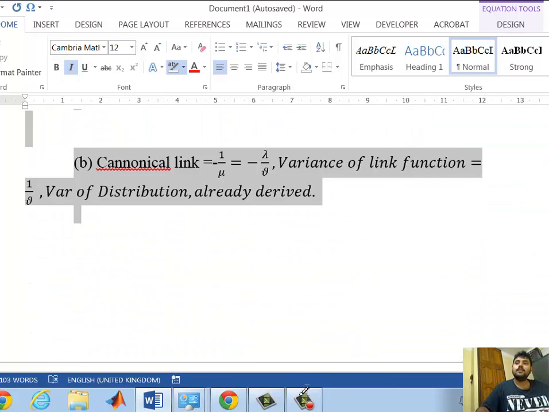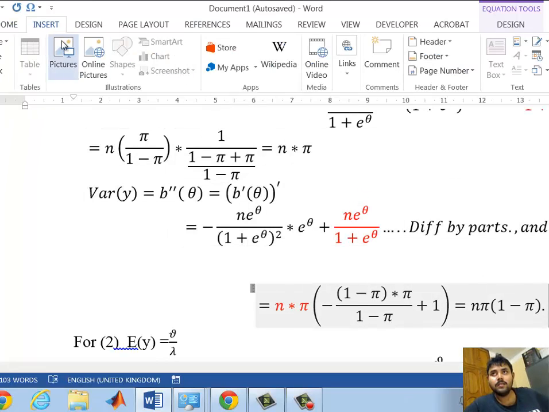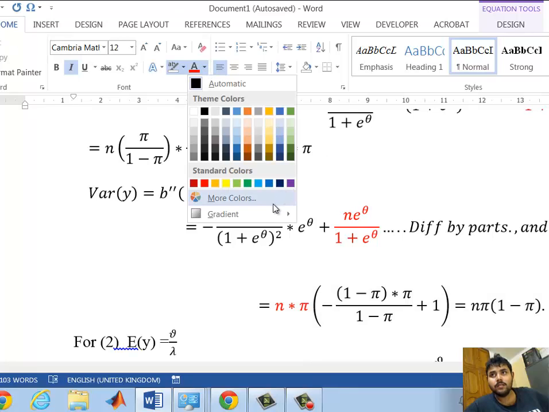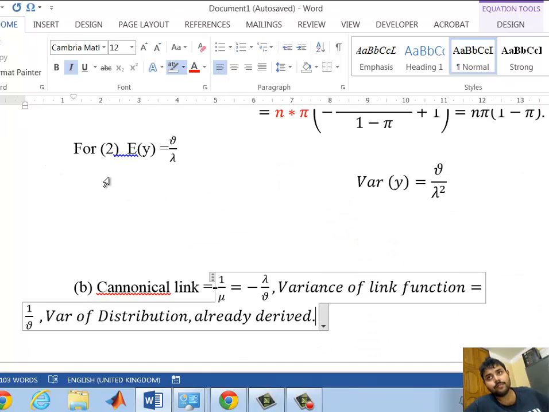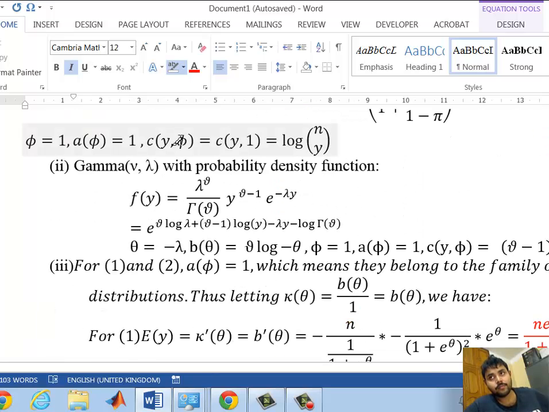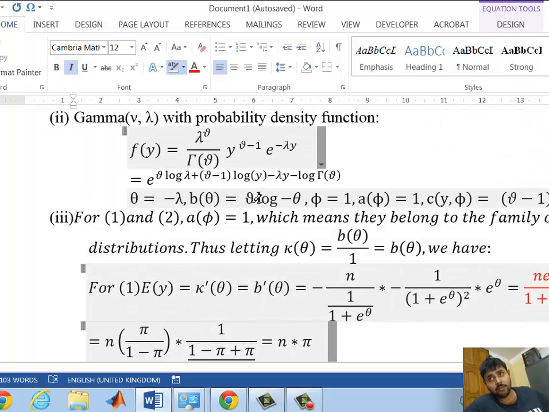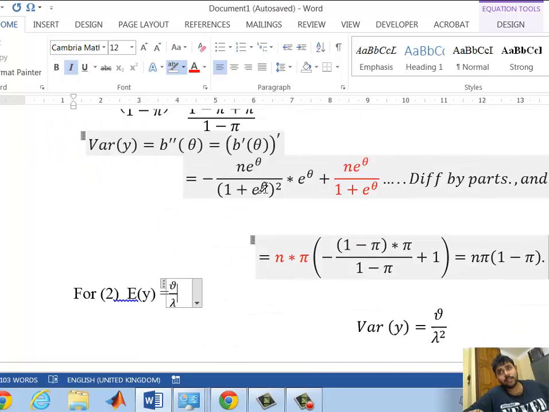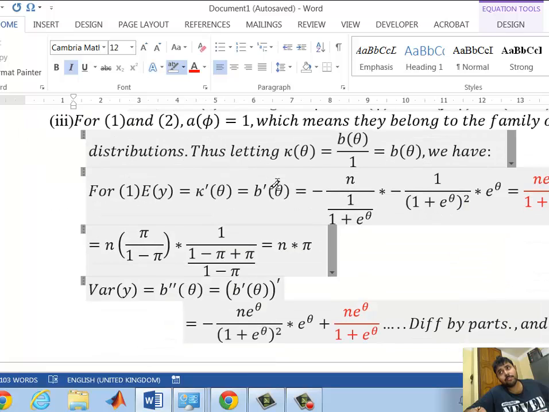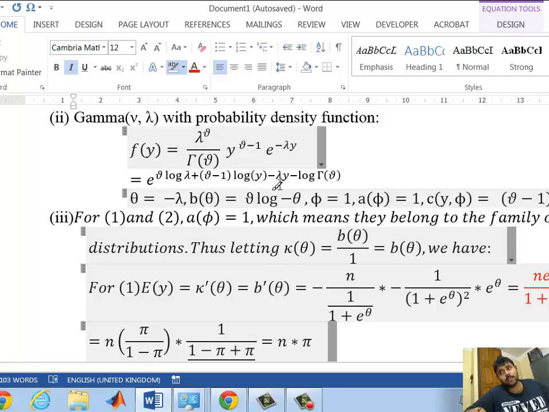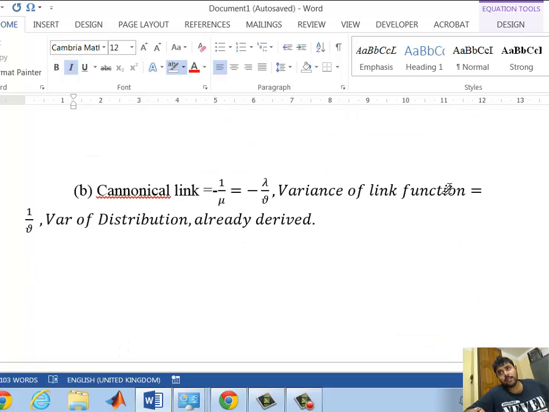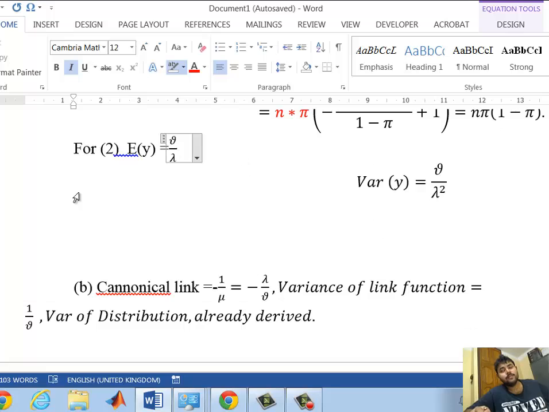Similarly, for the gamma, since our gamma is also a natural exponential function, we get the expectation of y as straightforward, because the expectation of y is b prime of theta, but we have set our b prime to be minus log of minus theta, and this concurs with the formula for the function's derivative.